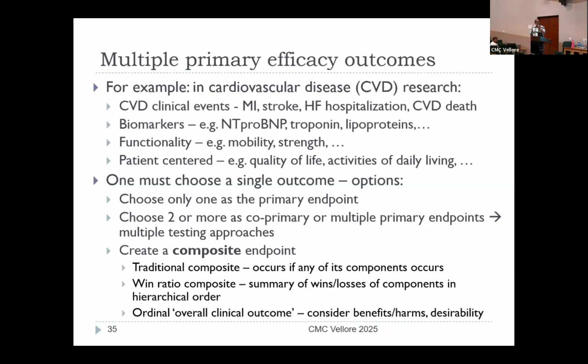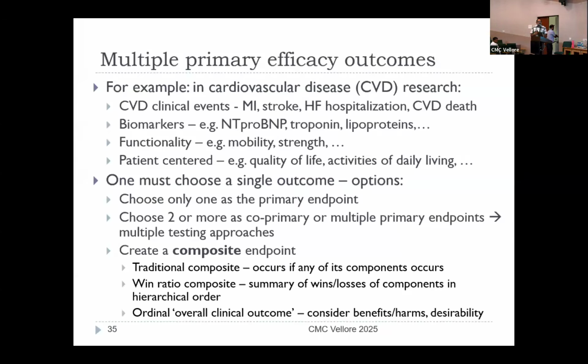So for example, in cardiovascular disease, we could be looking at MI, we could be looking at stroke, heart failure, hospitalization, CVD death. We could be looking at biomarkers like NT-proBNP or troponin or the lipoproteins. We could be looking at functionality as mobility, ability to grip strength, for example.